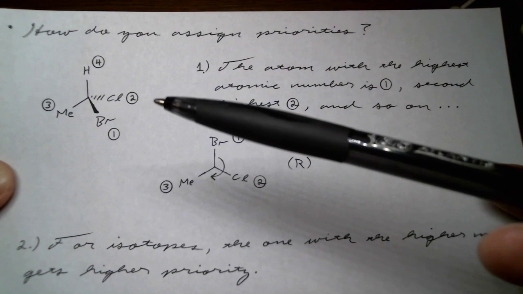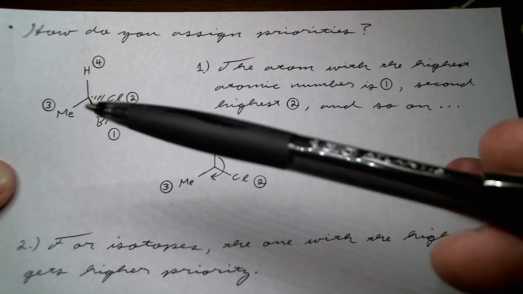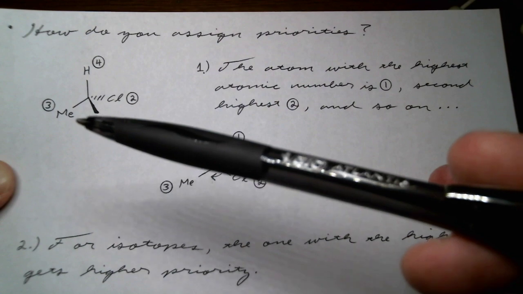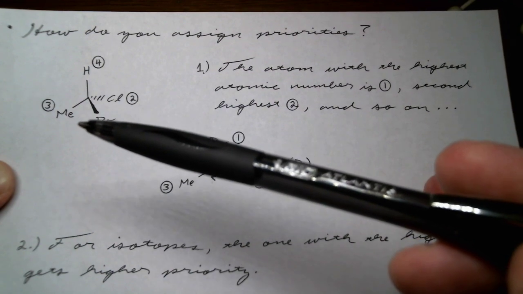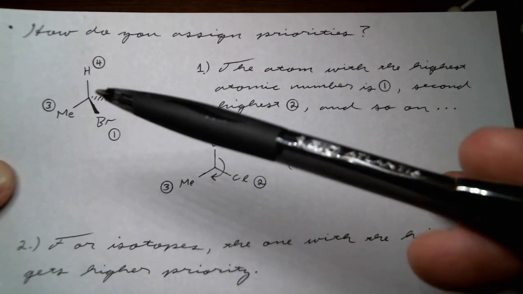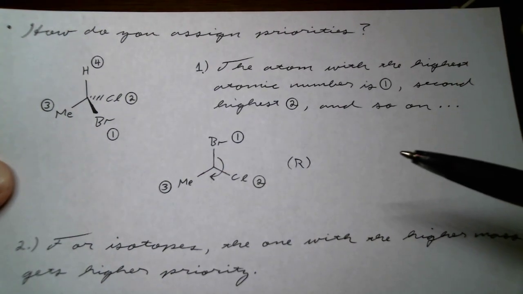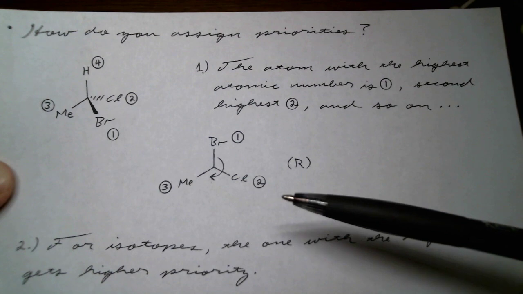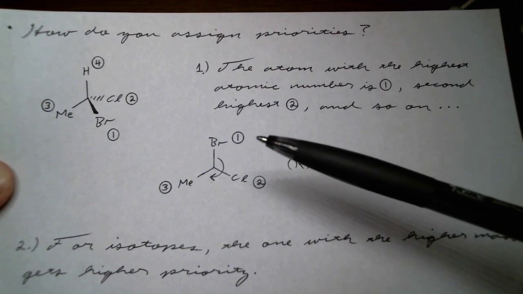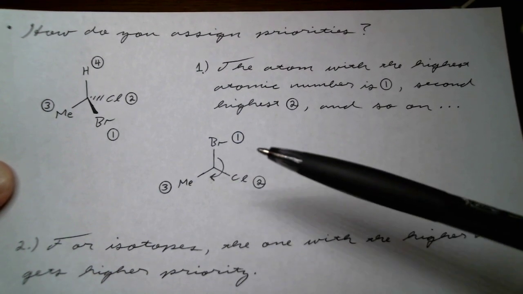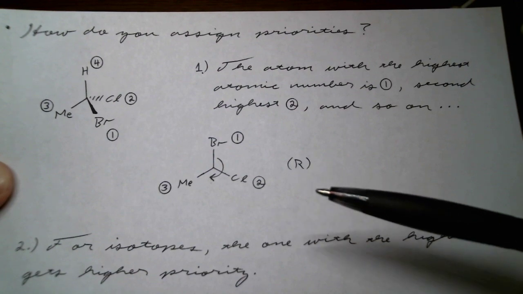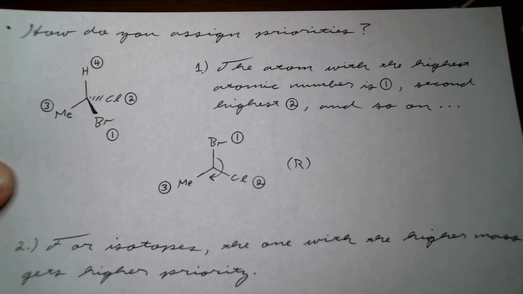Second comes the chlorine because it has the second highest atomic number. Third comes carbon, so this methyl group. And then fourth is hydrogen. Hydrogen is our lowest atomic number of 1. And so if we place the hydrogen behind the plane of the page and connect 1 to 2 to 3, we see, oh, this is an R stereocenter.